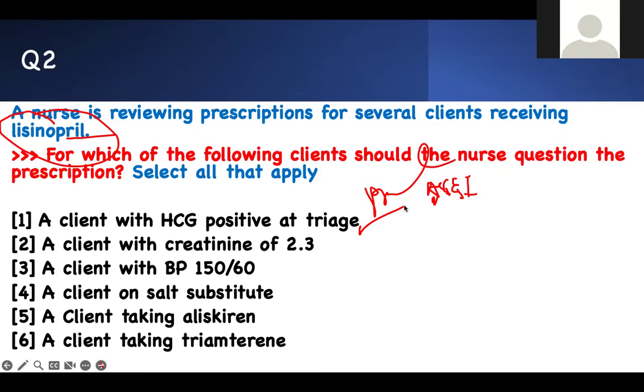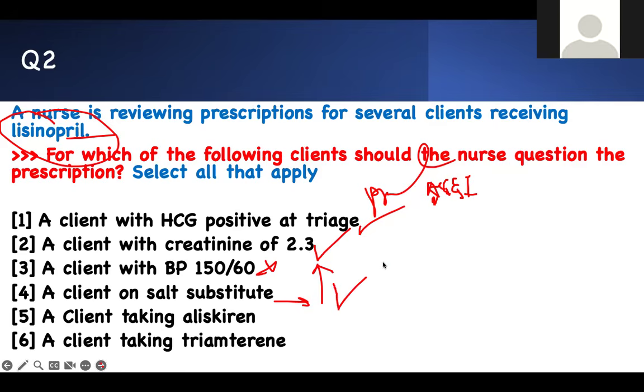These medications increase your potassium. Therefore, I should worry about it. A client with a blood pressure of 150/60, that means we're using this medication to control their blood pressure. This is okay. A client on what? Salt substitute. Salt substitute is potassium. That means you have too much potassium.